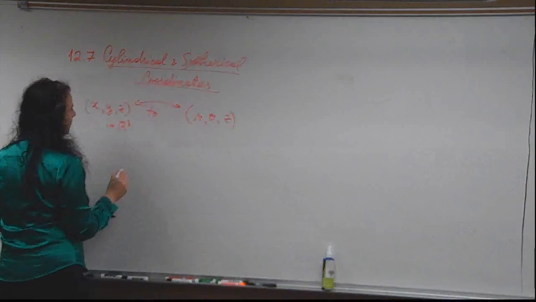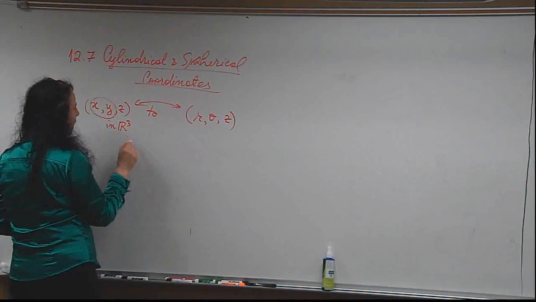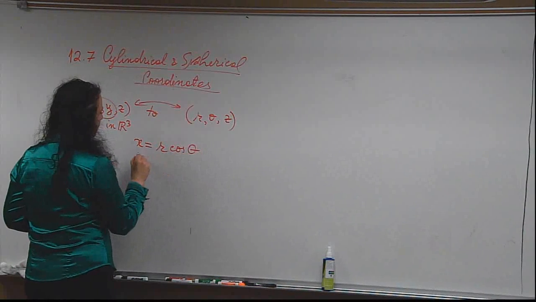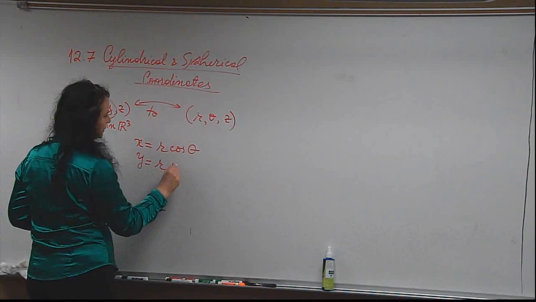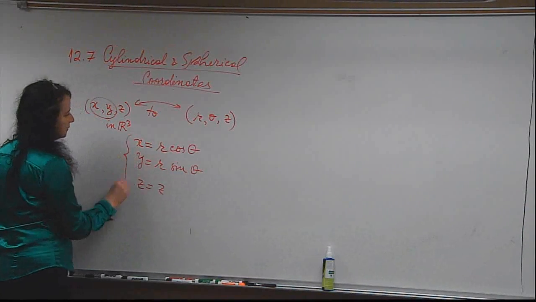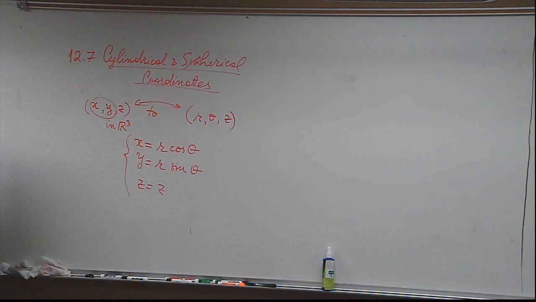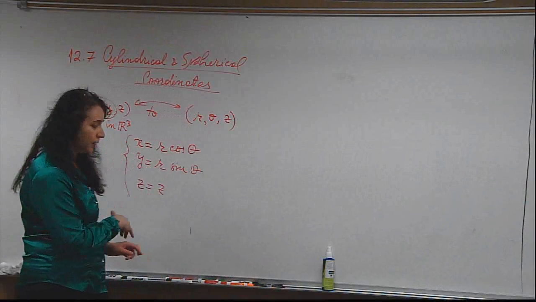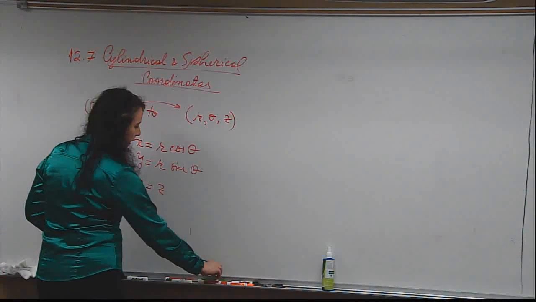In which way? Well, x, y are your old friends, r cosine theta and r sine theta, and z is z. So this is the change between Cartesian coordinates and polar coordinates, and it's a differentiable function, so you can go back and forth.